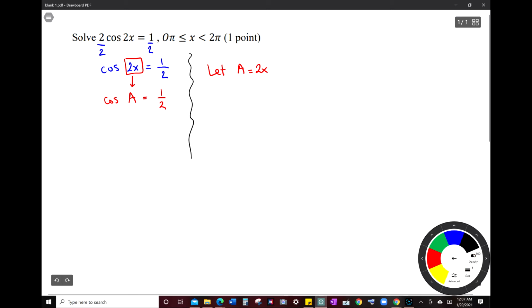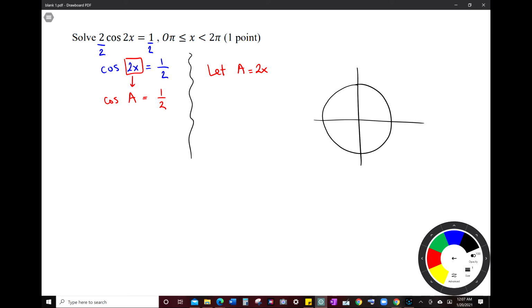Alright, and also on the side I will use the unit circle to figure out what angle A is. Since we have cosine, that means we're looking for the angle that has x coordinate 1/2. Since my cosine is positive, I focus on the positive part of the x-axis, and it's 1/2.